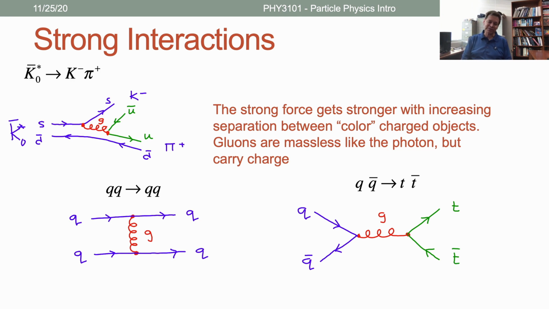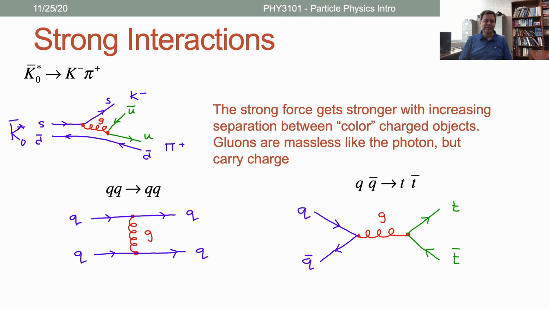But unlike the photon, which is electrically neutral, the gluons have color charge themselves. So gluons interact with gluons. Photons don't directly couple to other photons because they have no electric charge, and the electromagnetic force couples to charge. But the gluons in the strong force have strong charge, so gluons themselves couple to themselves. So it's definitely a more complicated theory.